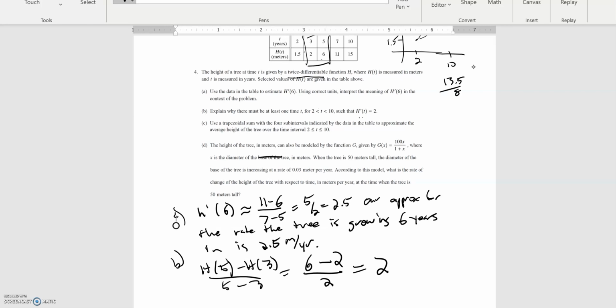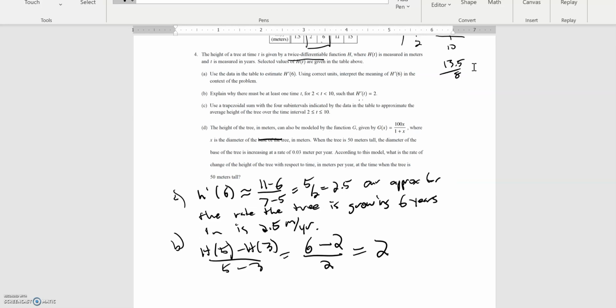And so now we know that because the slope between those two points is 2, that means somewhere in between the two points, there's a moment when the slope is 2.